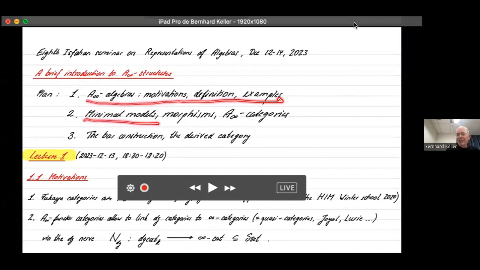We have seen that Yoneda algebras have canonical A-infinity algebra structures, minimal A-infinity algebra structures, and we have seen the notion of morphism of A-infinity algebra, which is a non-trivial notion. In particular, the notion of A-infinity isomorphism is non-trivial. And now let's continue with A-infinity categories and then the bar construction and the derived category.